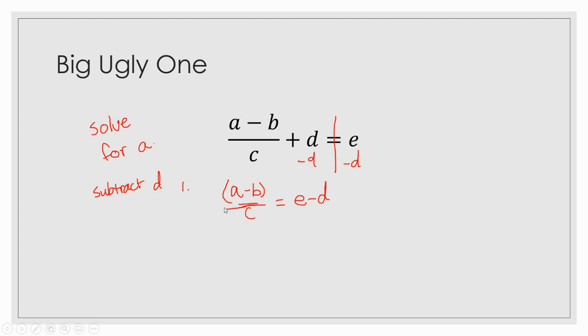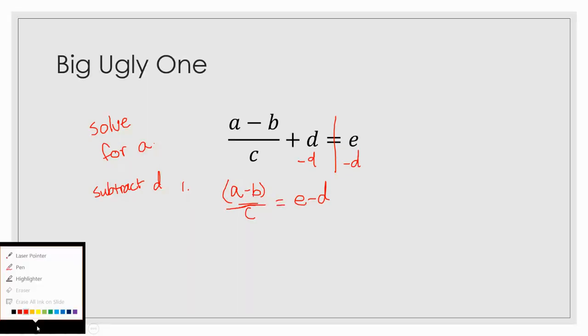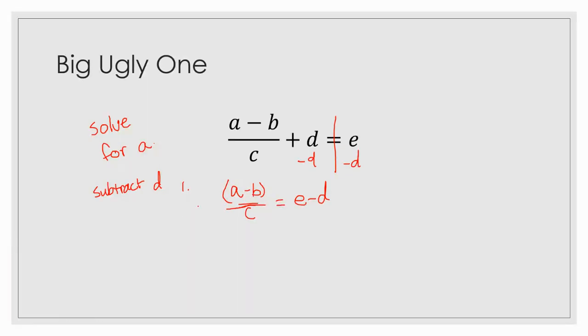So to remove the divided by C here, we're going to undo it with a multiply by C on both sides, but I can't just put the times C on the end here. It needs to multiply the whole side by C. So I would write this. All right, cross that off. So our second step was multiply by C on each side. That was step 2.